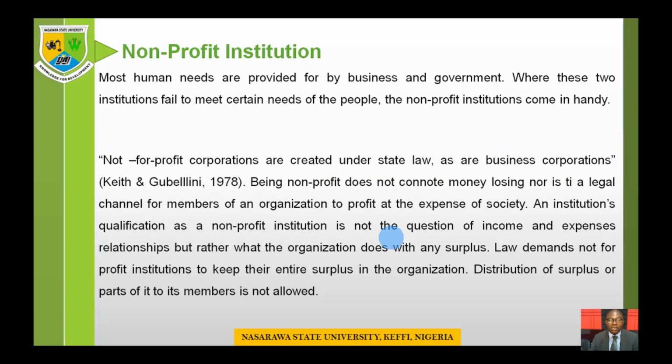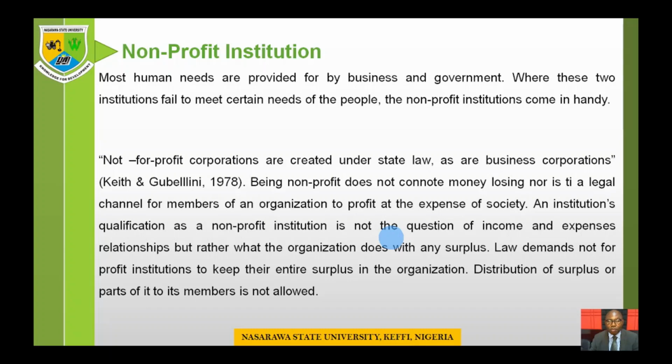That becomes the available option that would provide such needs of the society. So not-for-profit corporations are created under state law, as are business corporations.